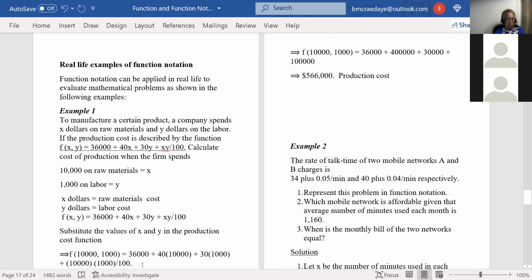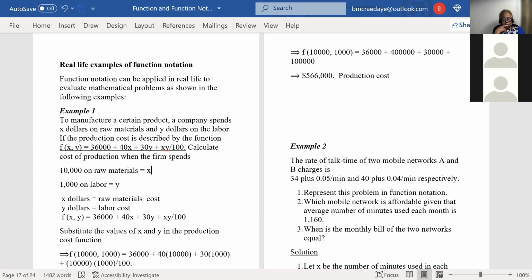Now, when we simplify all of this, we get 36,000, 40 times 10,000 is 400,000, 30 times 1,000 is 30,000. 10,000 times 1,000 divided by 100 gives you 100,000. Okay, and then we just add all of this together. 400,000 and 100,000 is 500,000. 30,000 and 36,000 is 66,000. So your total production cost is 566,000.